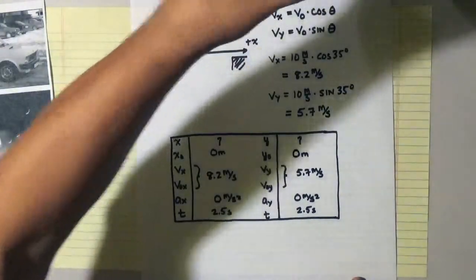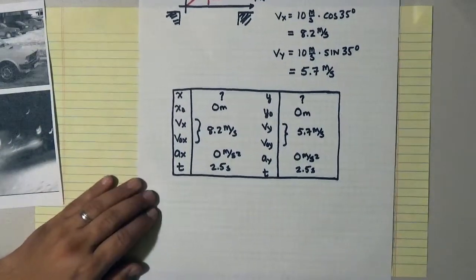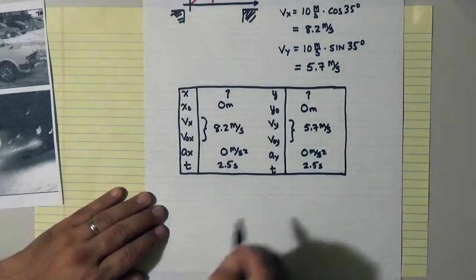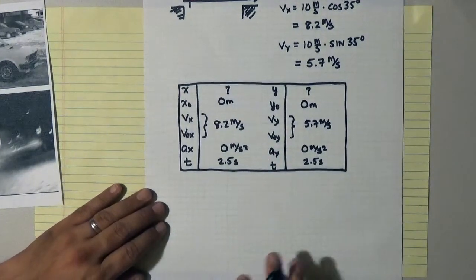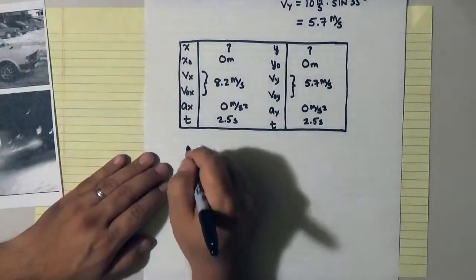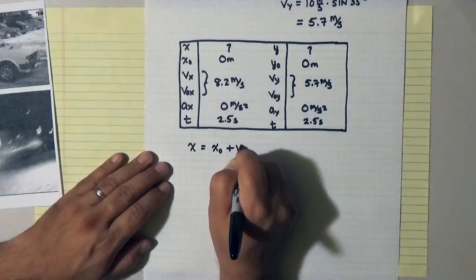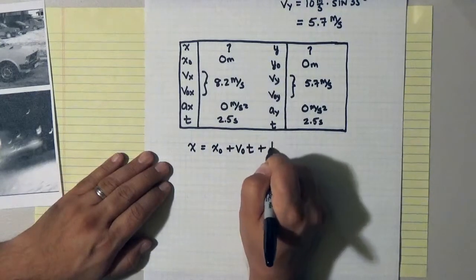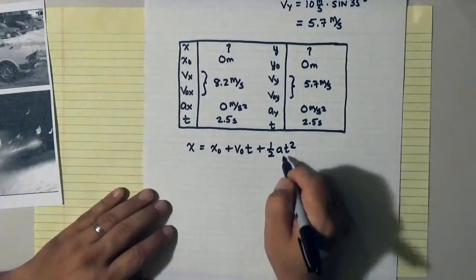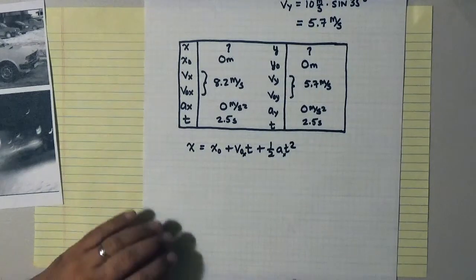There are many different ways that I can do this, and probably the easiest way is to simply use the position kinematic equation. Let me just do it for x, and then I'll leave it for you to do with y on your own. The kinematic equation for position is x equals x naught plus v naught t plus 1/2 a t squared. In principle, there should be little x subscripts on the v naught x and the a x there.